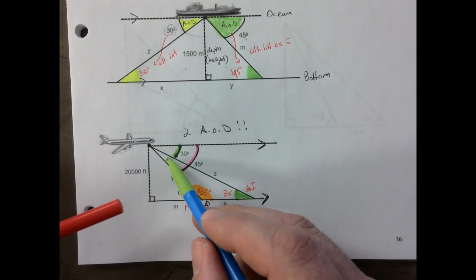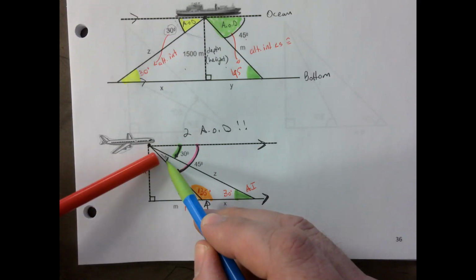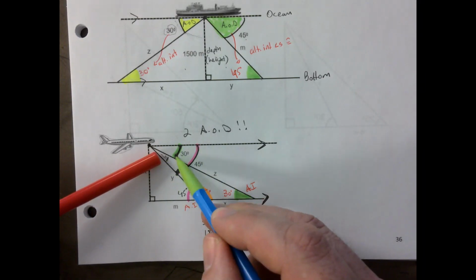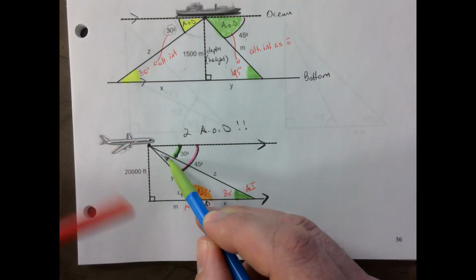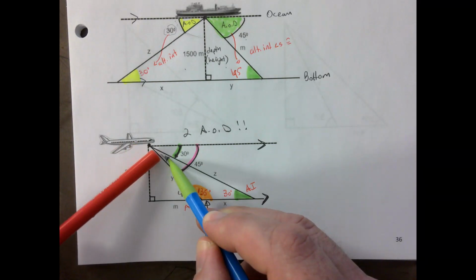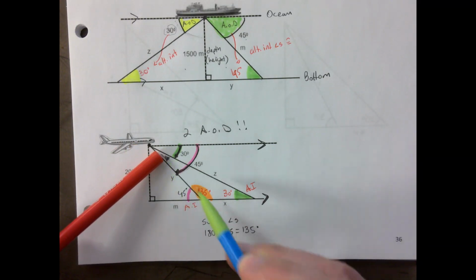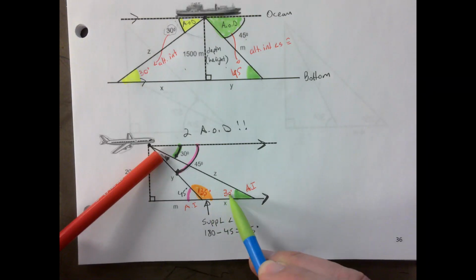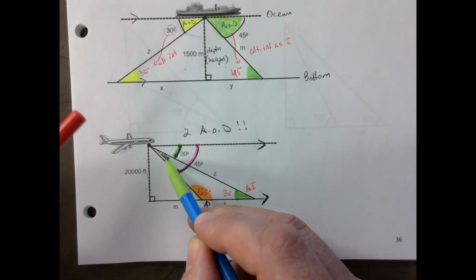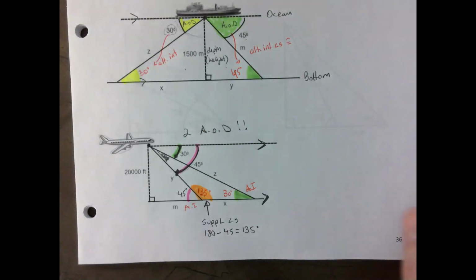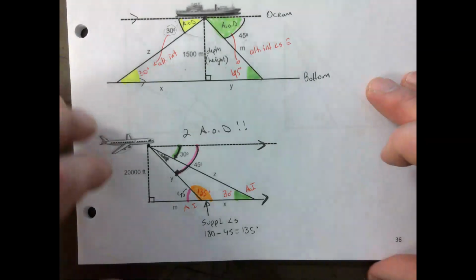This little wedge? 45 minus 30, right? That's 15 here. This little wedge is 15. And if you miss that, you could go sum of triangle. 180 minus 135 minus 30 would also give you this little wedge here. Okay, so there's a lot of ways to get to the answer. All right, let's go to 37.